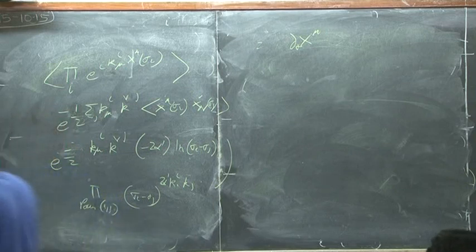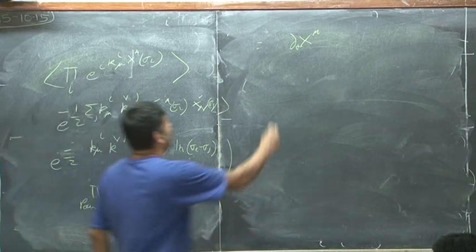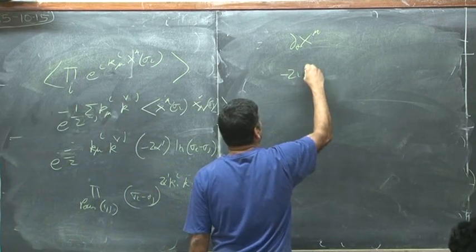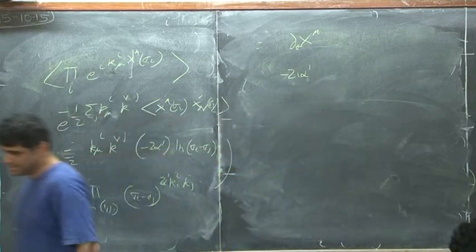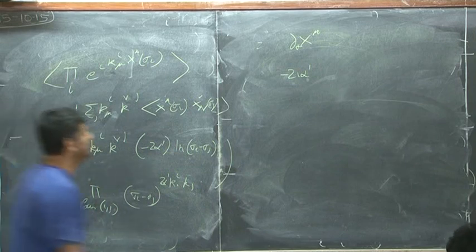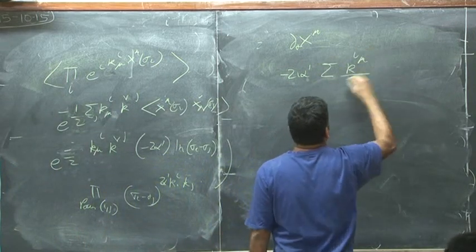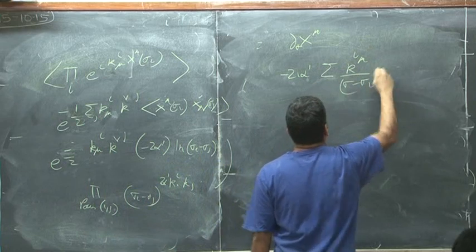Okay, and here, the effective saddle point value is minus 2I alpha, I think we had minus some k mu I sigma minus sigma.